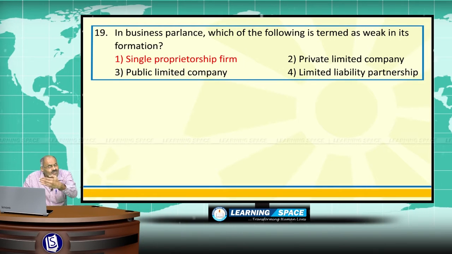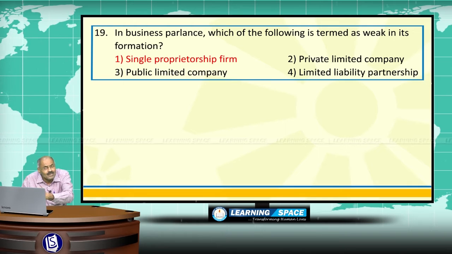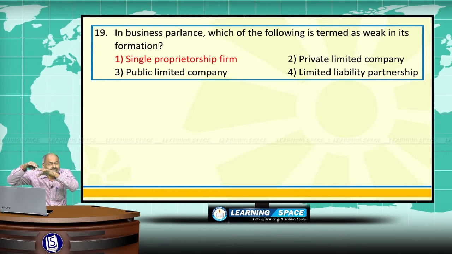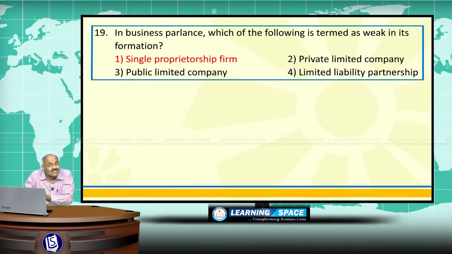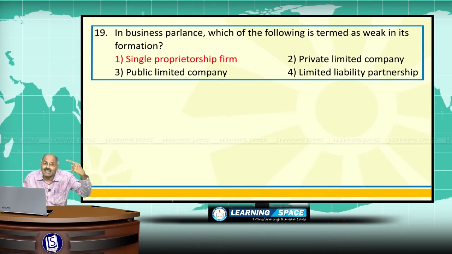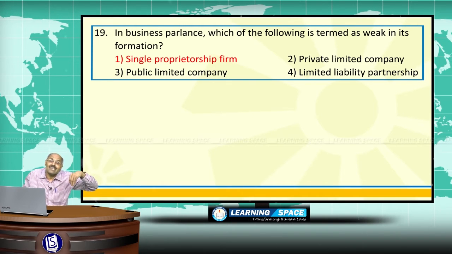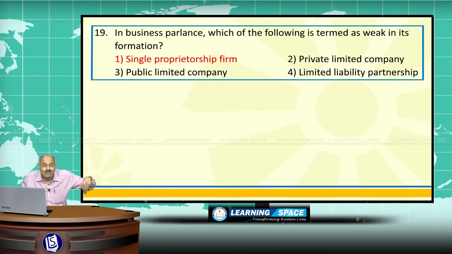So, these three have a very good corporate governance structure, but the single proprietorship firm and the partnership firm are the weakest entities in any business parlance.